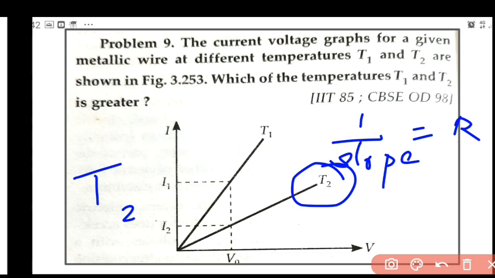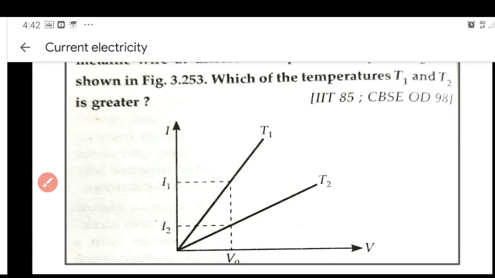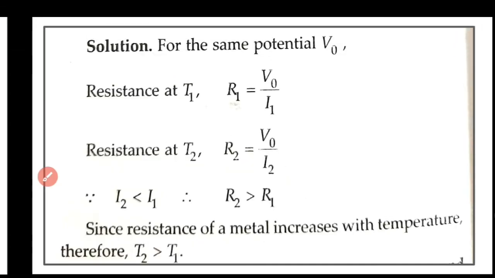So when you take one particular point V0 and look at the current, the lowest current is for T2. Lowest current means higher resistance, and higher resistance means the temperature is also higher. Anyway, the question is to find which is the highest temperature. The answer is T2.